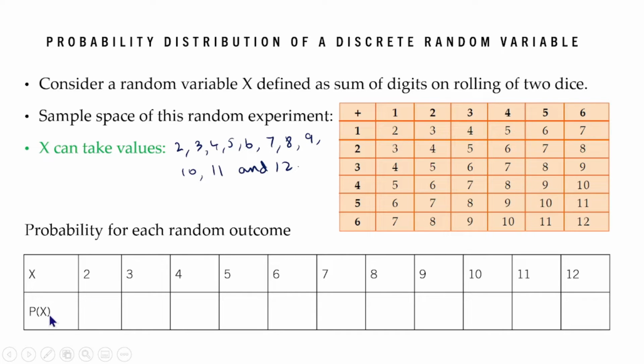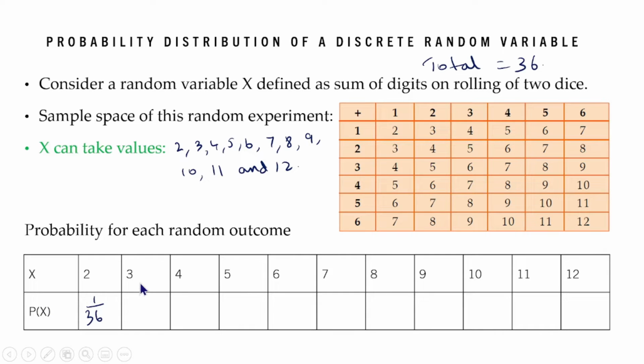The probability is given by the number of favorable outcomes divided by the total number of outcomes. The total number of outcomes, we know, is 36, and the favorable outcome is only 1, which is (1,1). So the probability of x equal to 2 is 1 by 36.